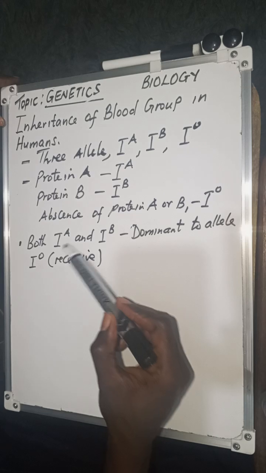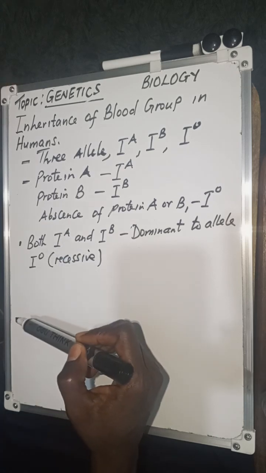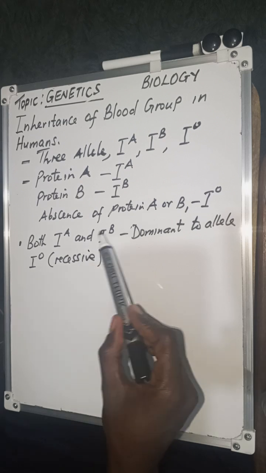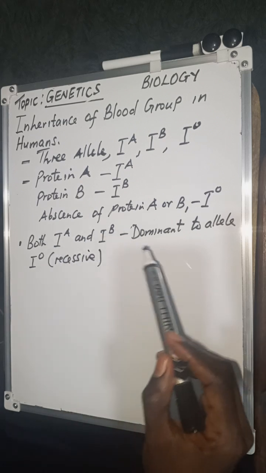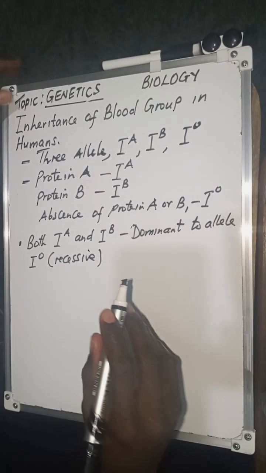So when allele A is present with allele O, allele A is going to be expressed, because both allele A and allele B are dominant to allele O. So that is what you need to remember.